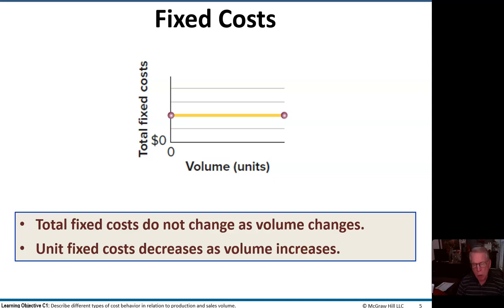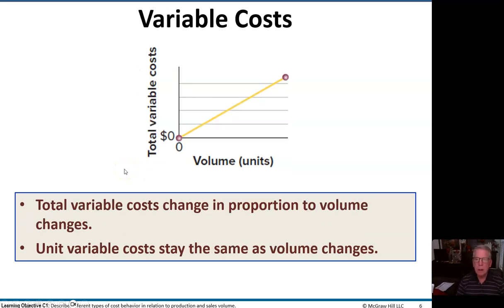If we make 0 units and our rent's $10,000, it's still going to be a fixed $10,000. But if we divide that by, say, 1,000 units, then our fixed cost per unit would fall.